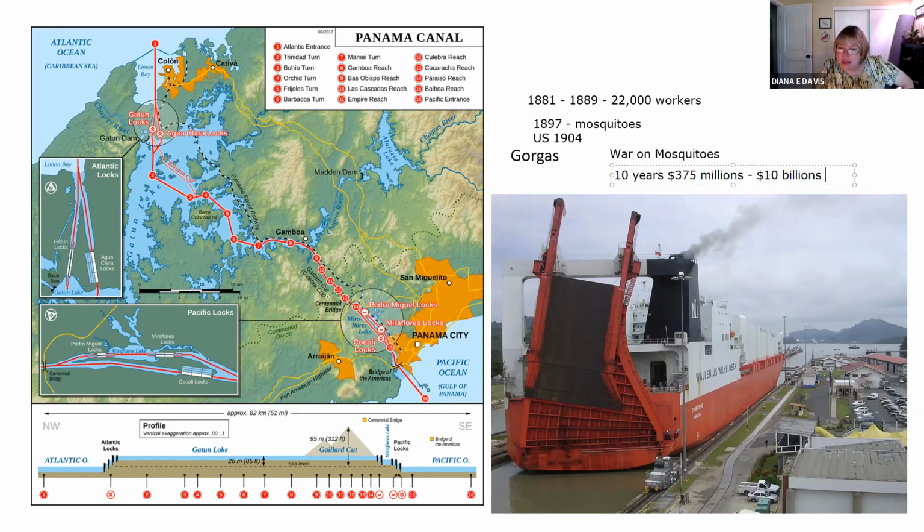So this is a tug, and there's another one on this side, and these are connected to this giant ship to help keep it within that canal. And you can see, of course, here are some cars in the parking lot, and there's a little tiny person right there. The canal is that narrow only at certain places.